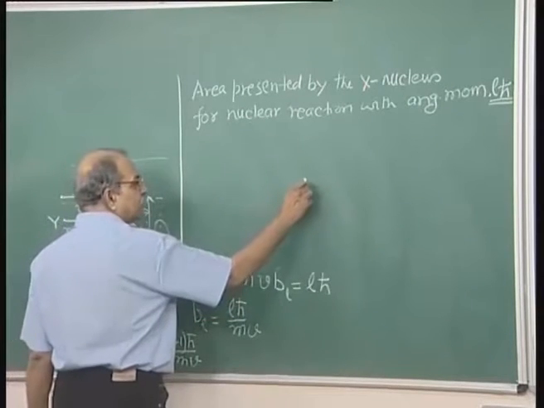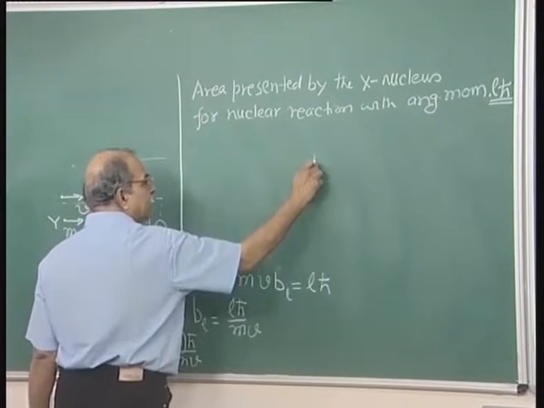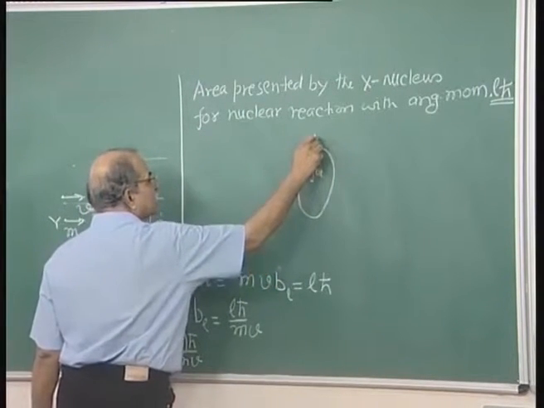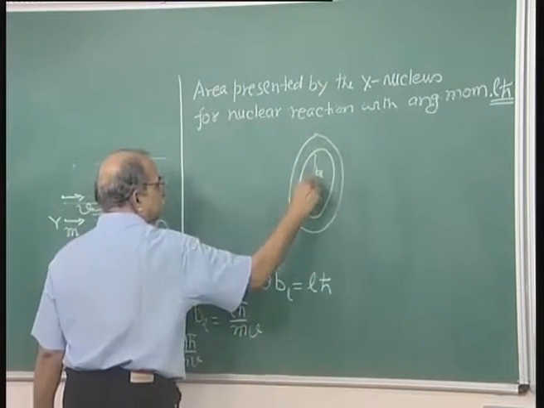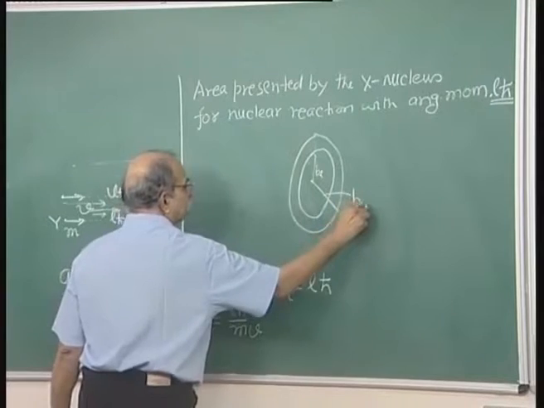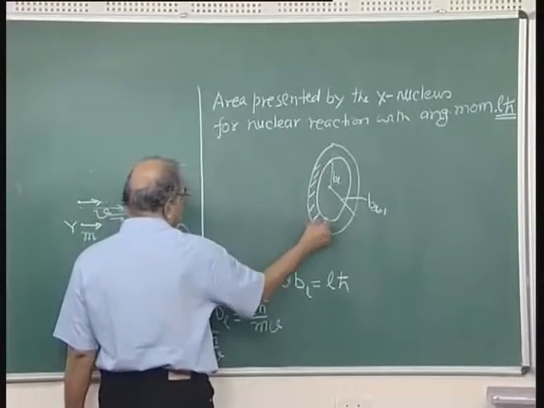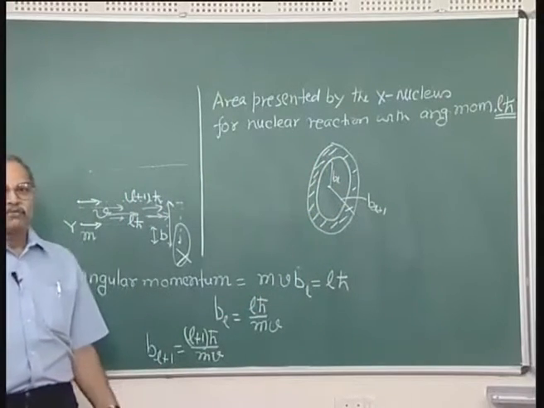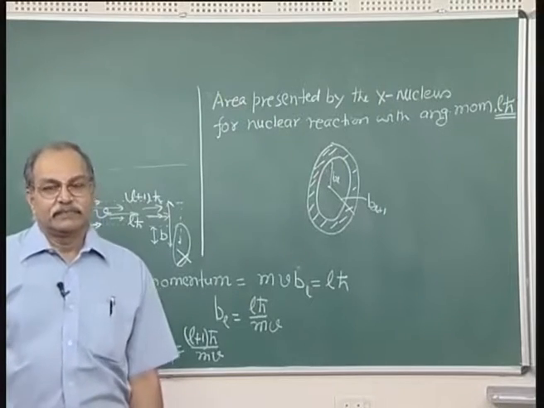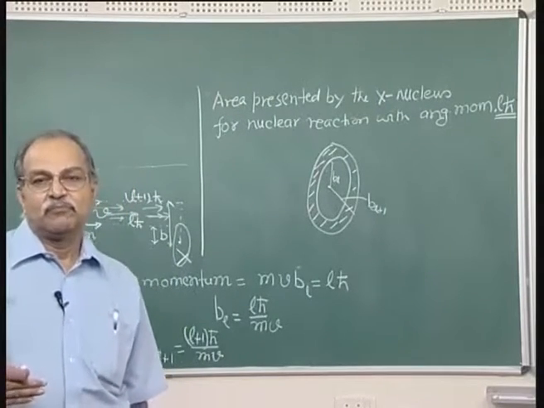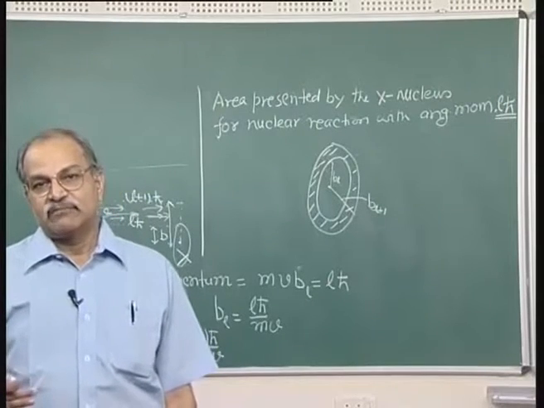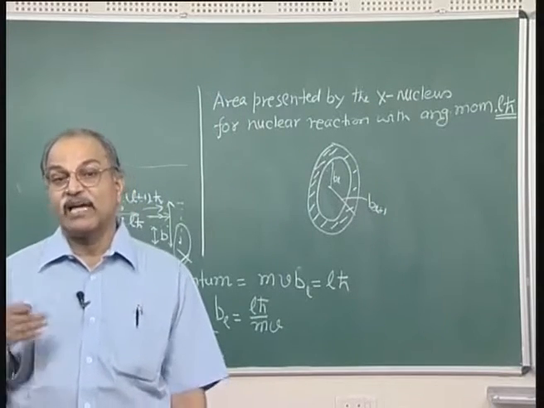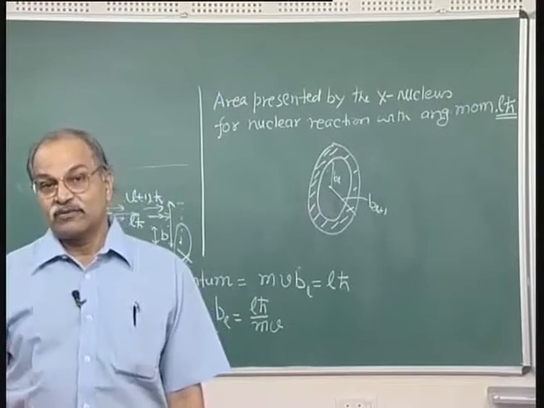So, if you have this nucleus X here and this is B L and draw a circle, and then B L plus 1 draw another circle, any Y nucleus falling on this area will have impact parameter more than B L, less than B L plus 1, and all those Y nuclei will be considered to have angular momentum L h cross.